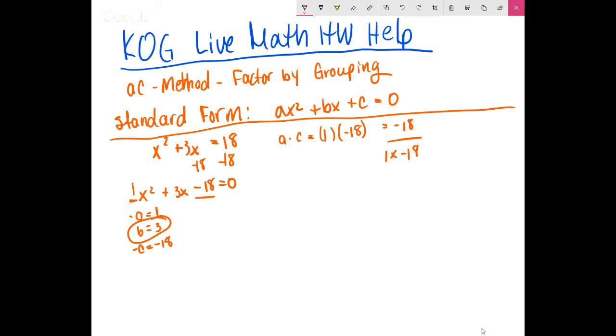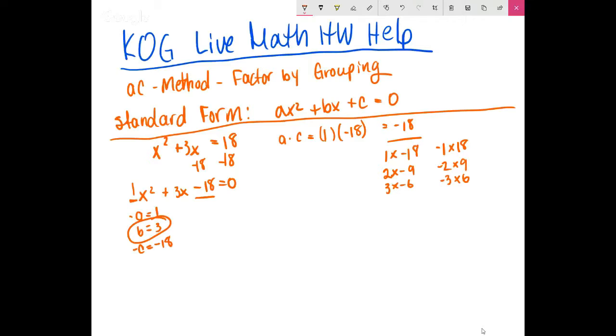So 1 times negative 18, and then negative 1 times 18. The next would be 2 times negative 9, and then negative 2 times 9, 3 times negative 6, and negative 3 times 6. We need all of these factors. Okay? We're done with our factors.